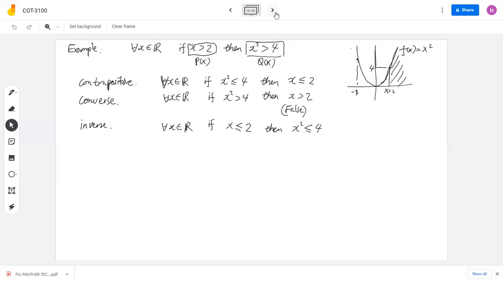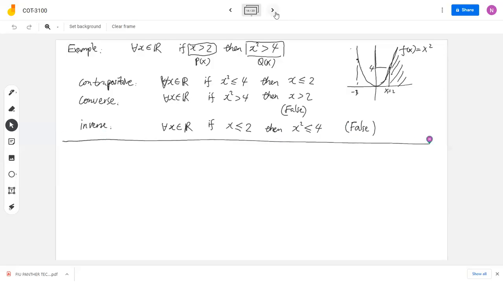By the way, we know that the converse and the inverse are equivalent because they are contrapositive to each other. Therefore, if the converse is false, then the inverse must be false as well. Okay.